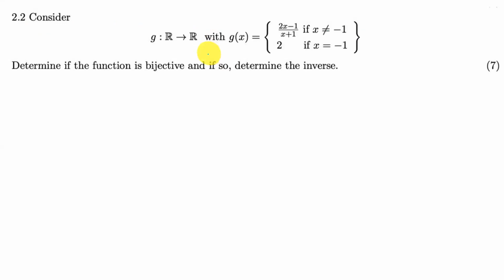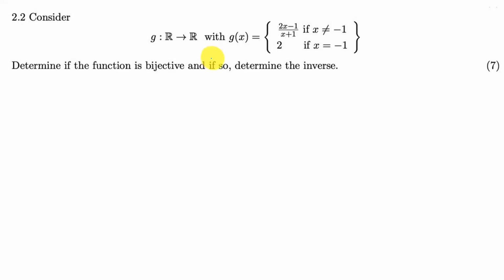Right, the next one we're going to discuss is this one, which obviously you brought to the desk. Right, so you have this. Determine if the function is bijective, and if so, determine the inverse. Right, so we have this one.